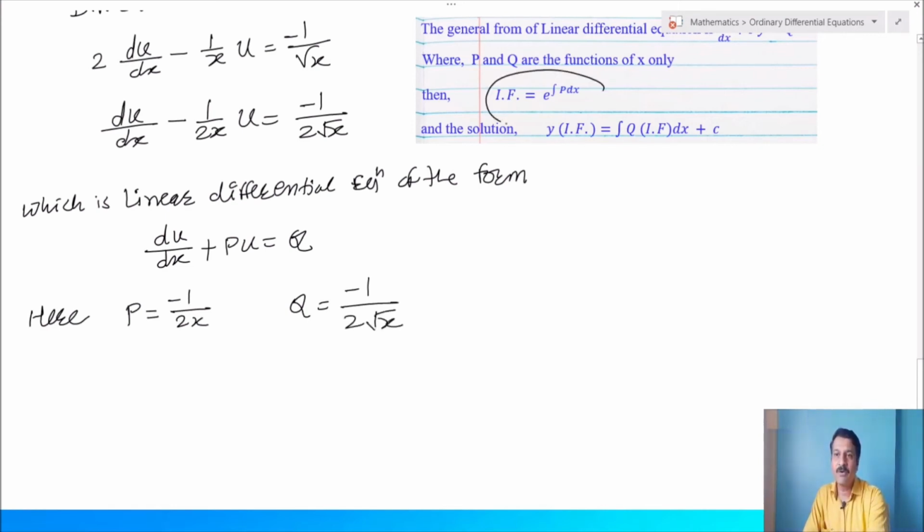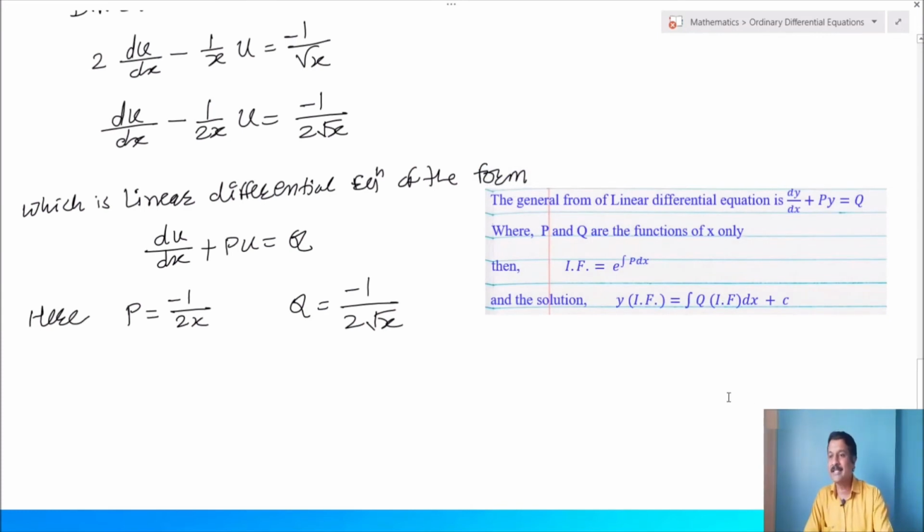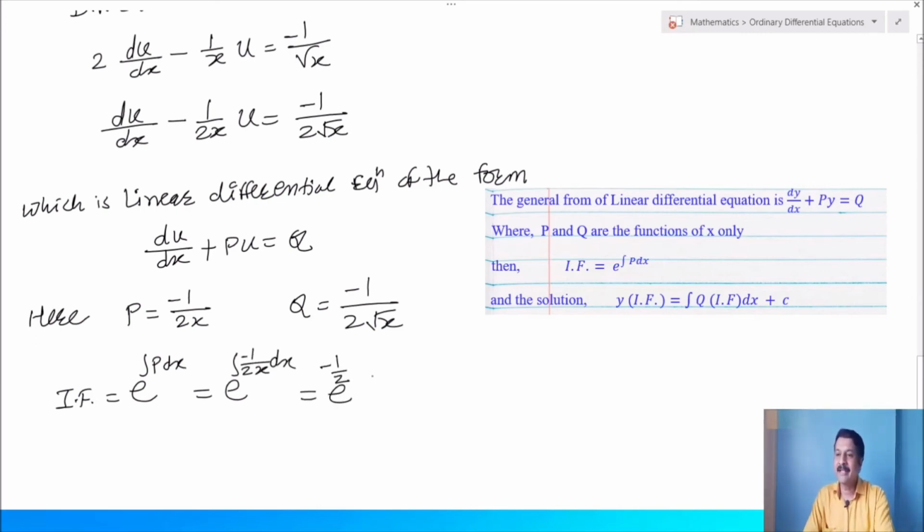So now I want to find the integrating factor. Note that in this differential equation I am just changing y to u, x as it is. Therefore the integrating factor is e raised to the integration of p dx, which is e raised to the integration of minus 1/(2x) dx, which is e raised to minus half outside and the integration of 1/x, which is log x.